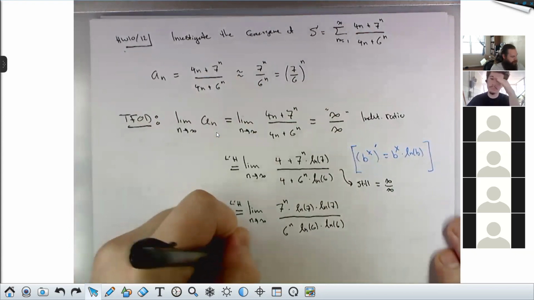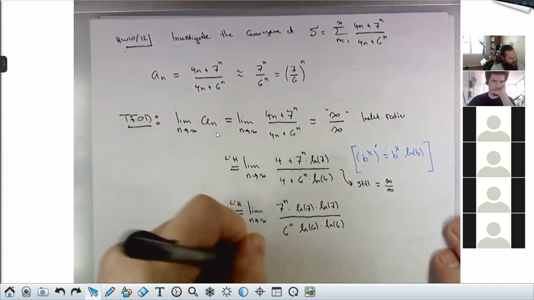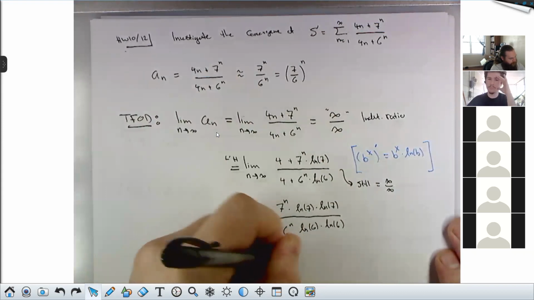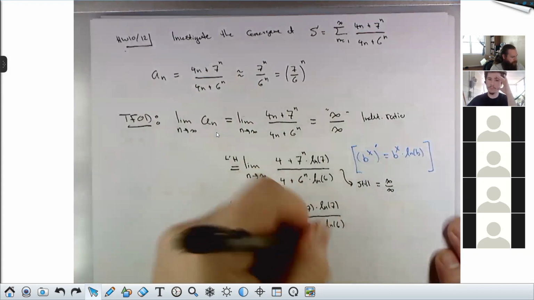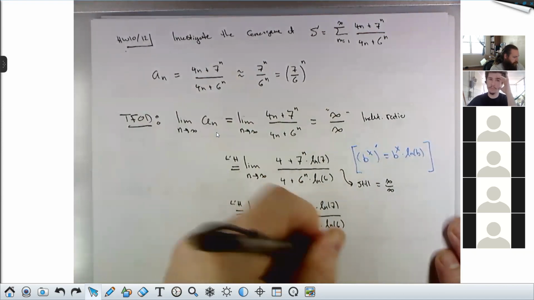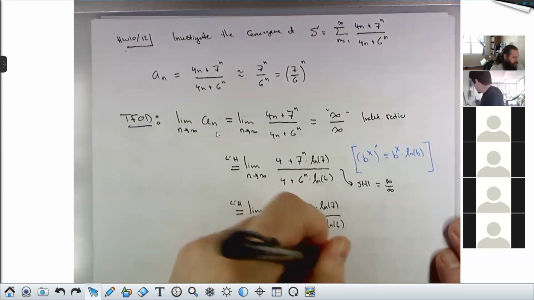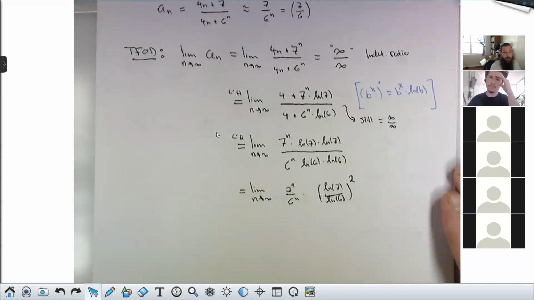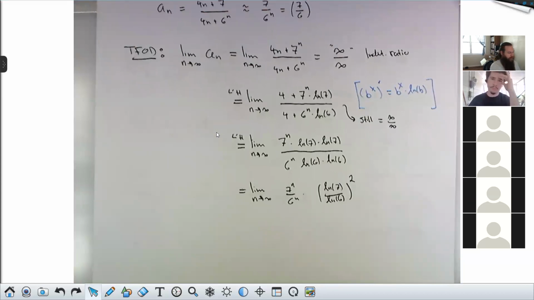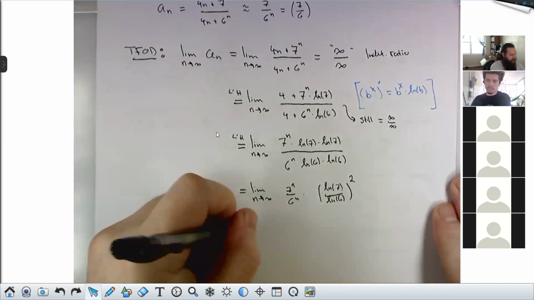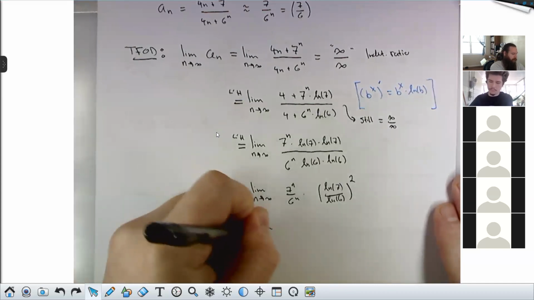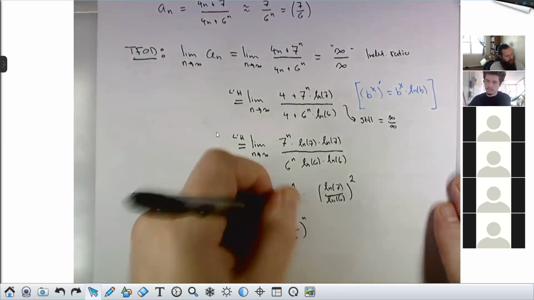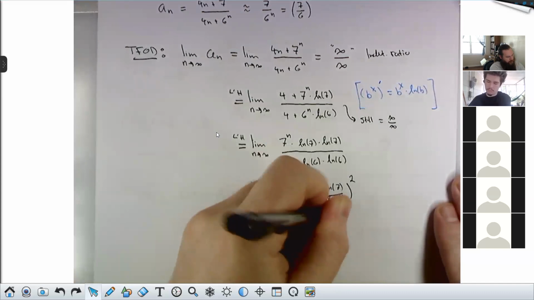And this is the limit as n goes to infinity of 7 to the n over 6 to the n times this constant over here, which I'll just write as ln 7 over ln 6 all squared. Again, this is constant. And the rest is the limit as n goes to infinity of 7/6 to the n.